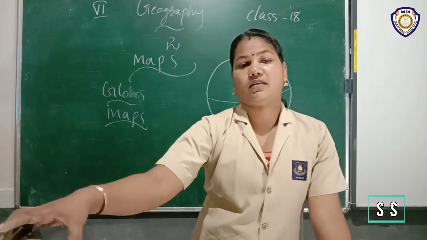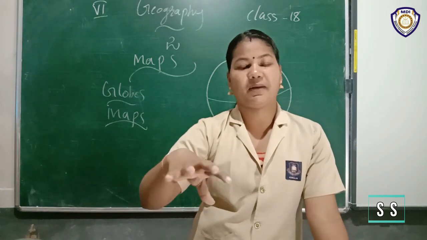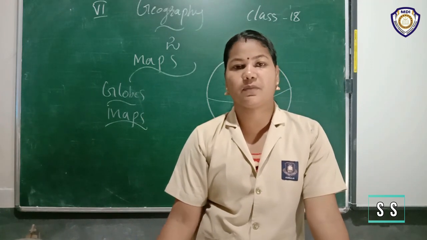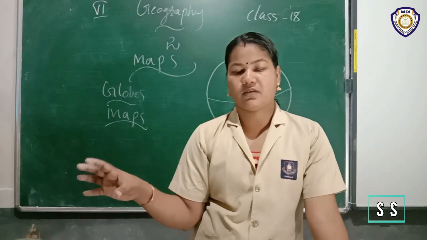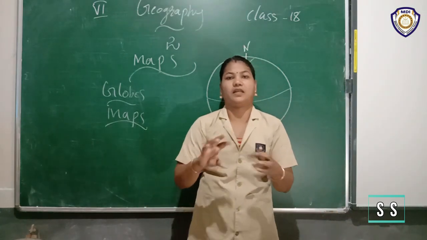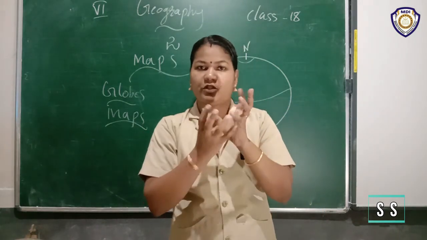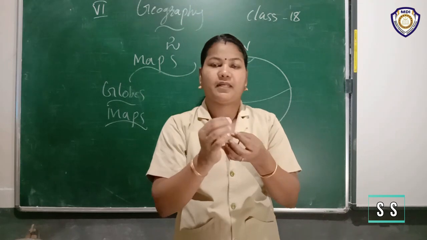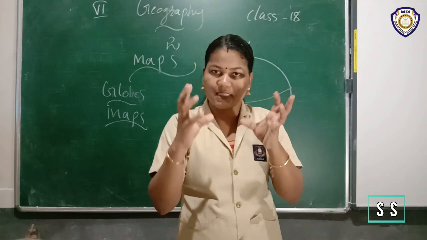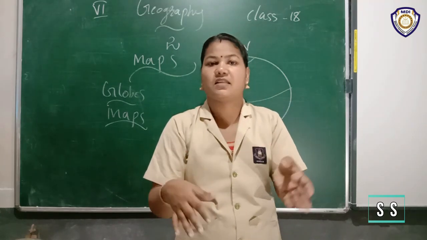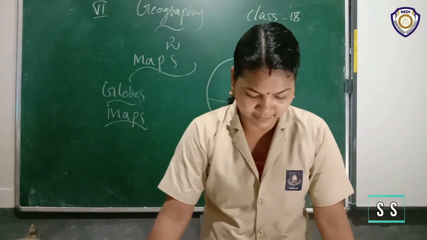It is not possible, especially at the North Pole and the South Pole. When a globe is represented on a map, some difficult problem arises. What is the problem? We can understand with the help of an experiment: take a piece of paper and wrap it around a ball. If we wrap a piece of paper around a ball, we cannot wrap it correctly. At that time, we stick small pieces, and then the shape changes. In the same way, when we represent the globe on a map, some changes are created.